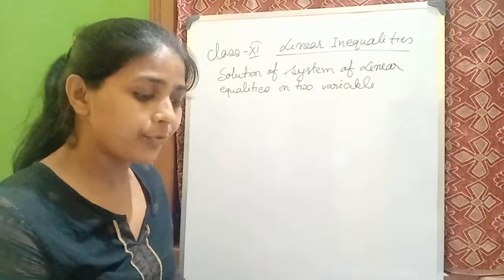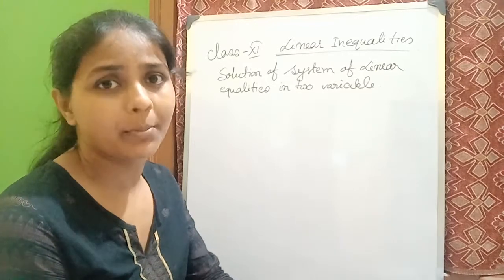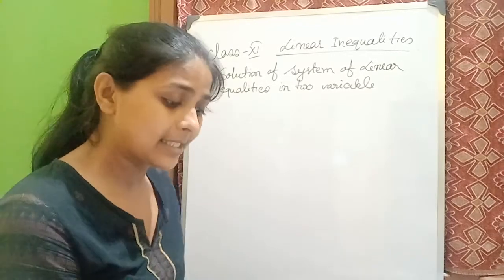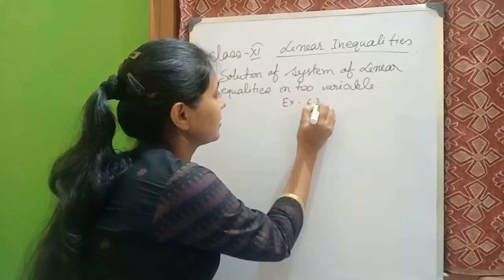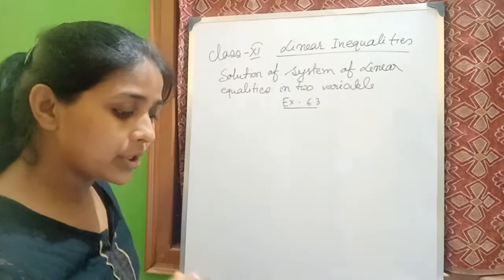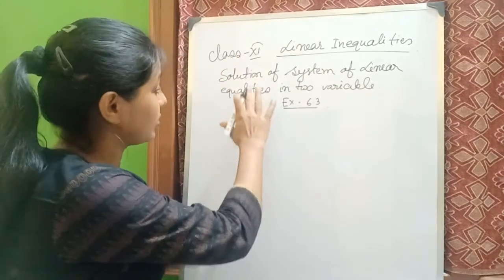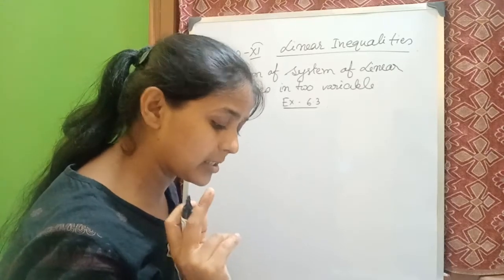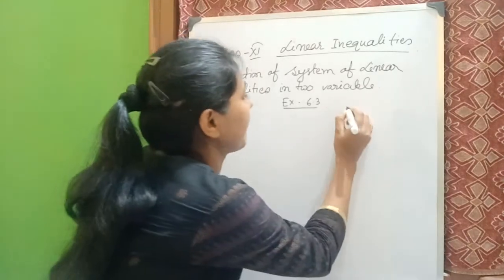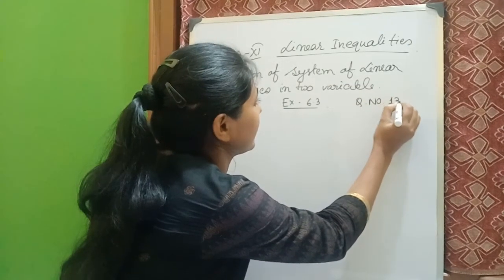For that I'm going to choose a question from NCERT book exercise 6.3, question number 13. I'm writing the question here, so that I can draw the figure on this side.